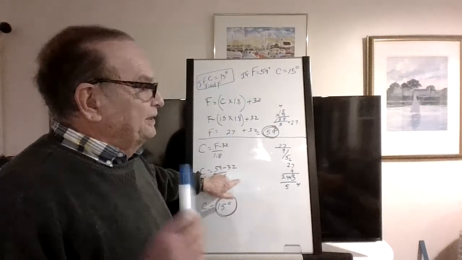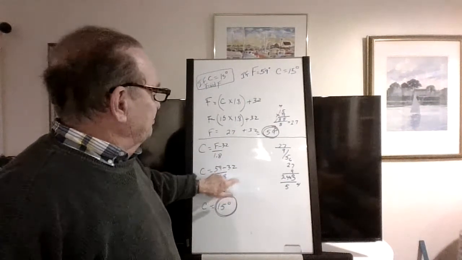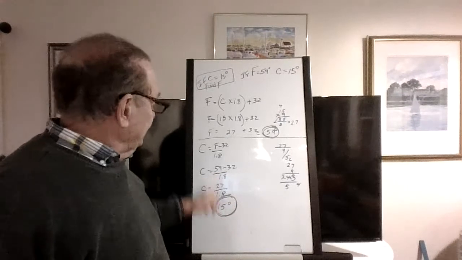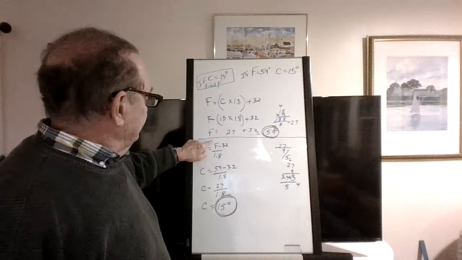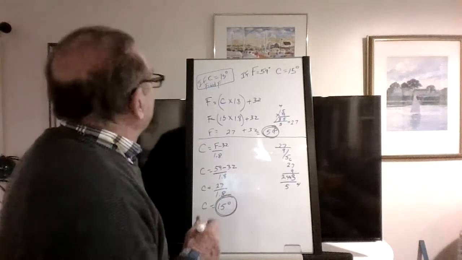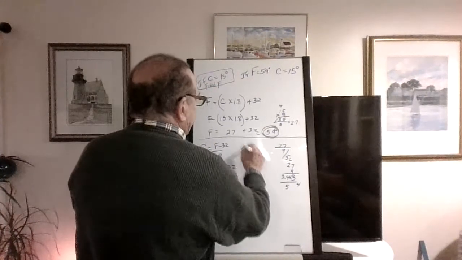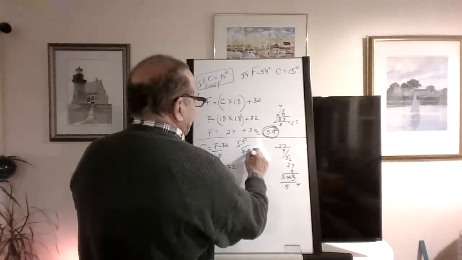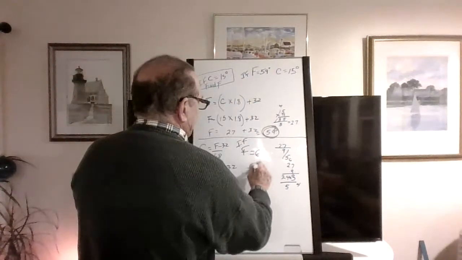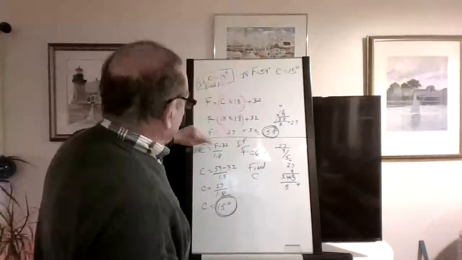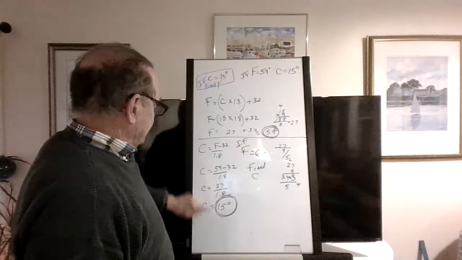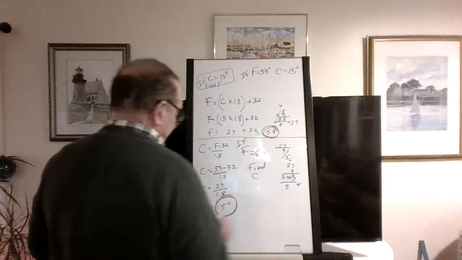This one I had to work out, had to practice, but eventually I got where I wanted. If F equals 59, find C, and the answer is 15.